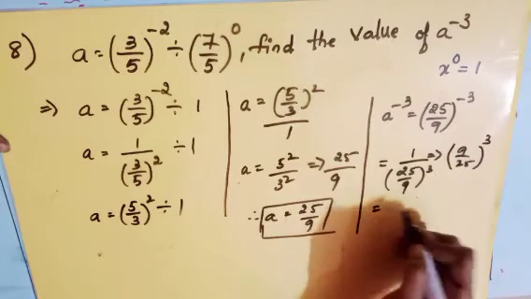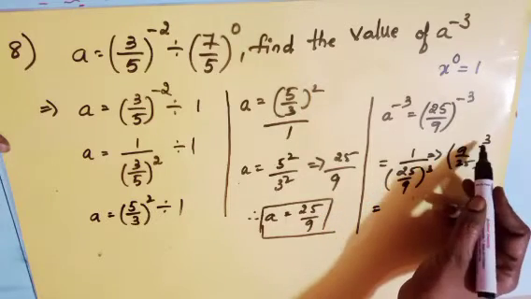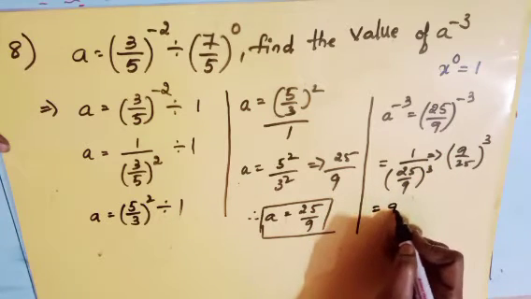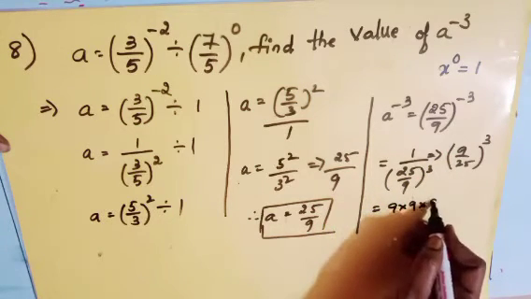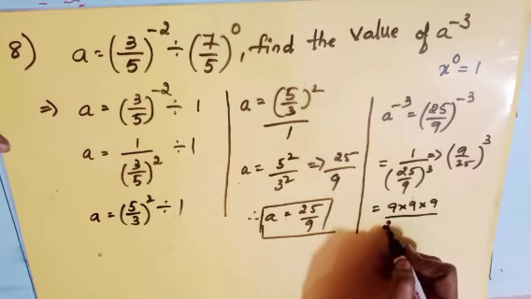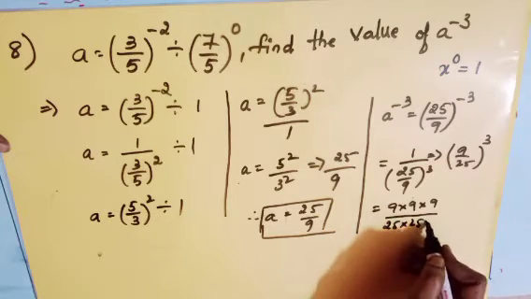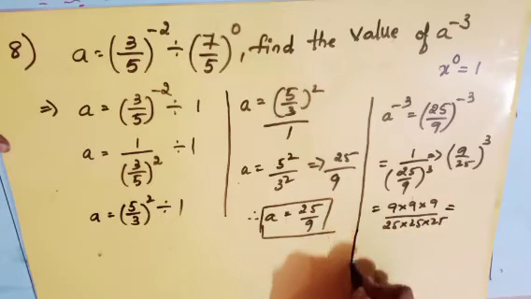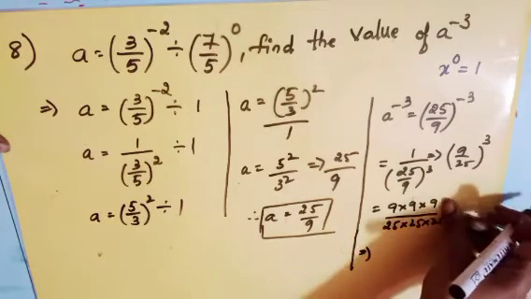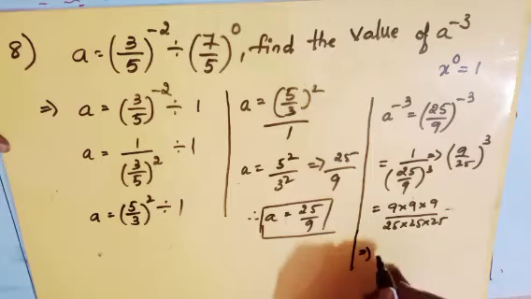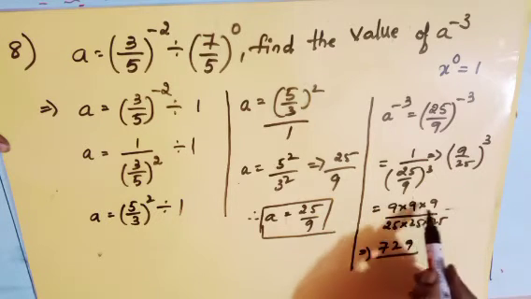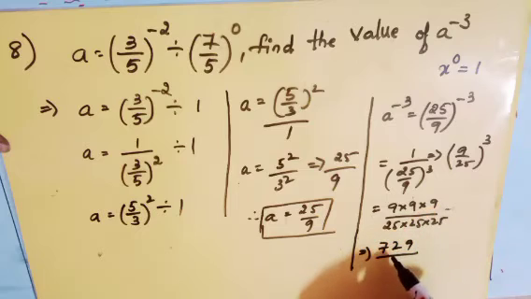That is the cube. It is cubed to the numerator as well as the denominator, that is 9 times 9 times 9 divided by 25 times 25 times 25. So when we multiply 9 three times, we get the answer 729.